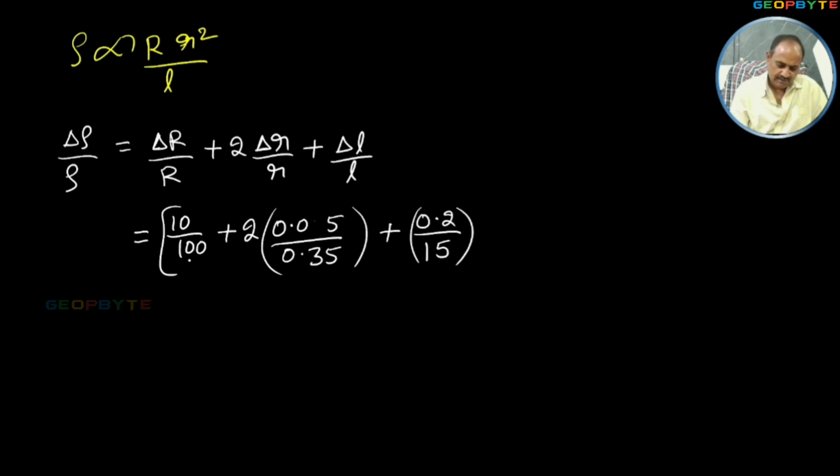For getting the percentage of the error, delta rho by rho, multiply by 100.